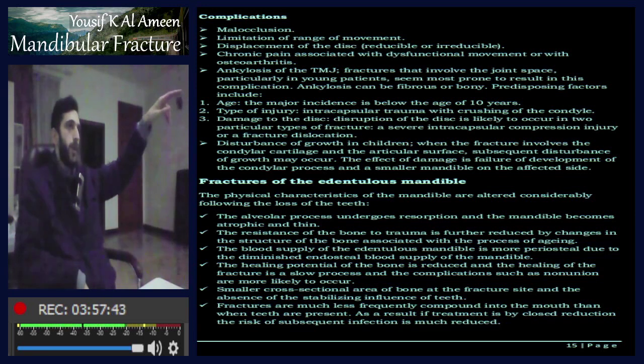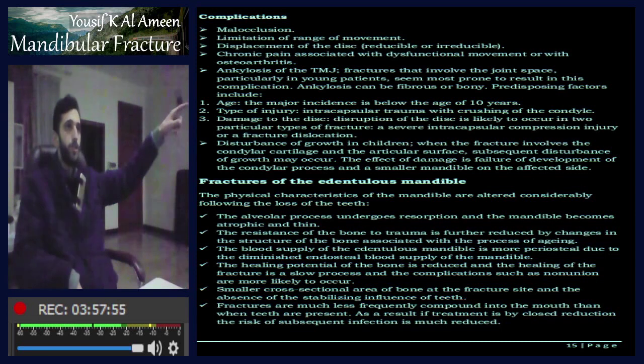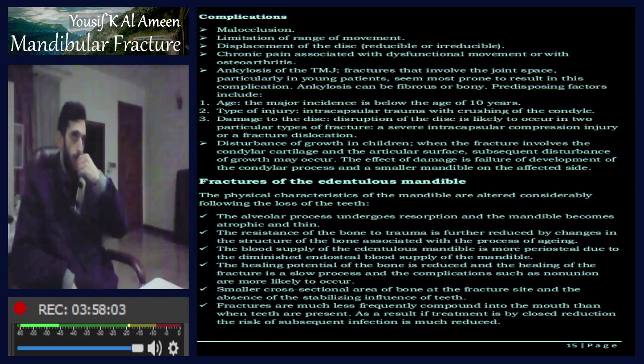Ankylosis can be fibrous or bony. Predisposing factors to ankylosis include: 1, age. The major incidence is below the age of 10. 2, type of injury: intracapsular trauma with crushing of the condyle.